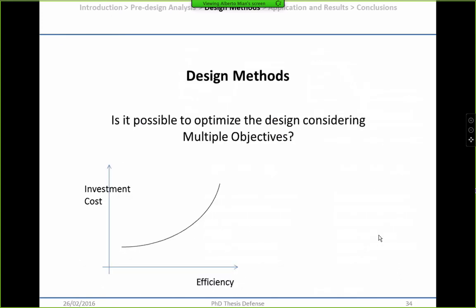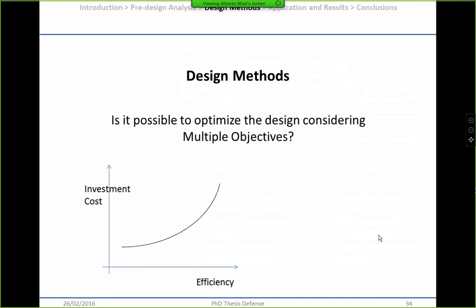So the final answer was that you are obliged to use a numerical approach. The next question was, okay, but I will complicate things a bit more, because normally I cannot.